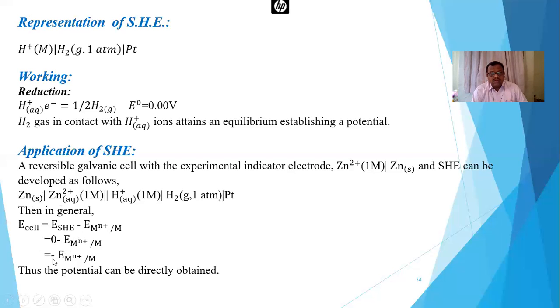So E cell is equal to minus E of M to the power n plus upon M. This is the potential of the other electrode, which can be directly known.